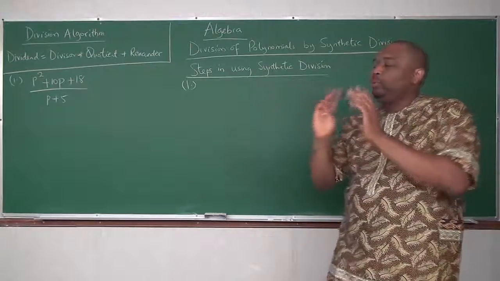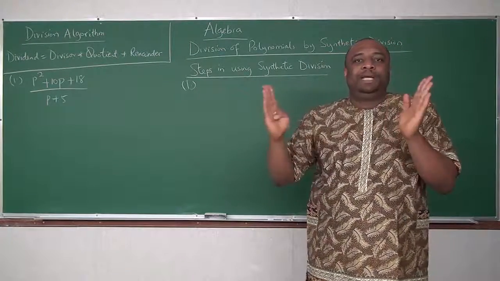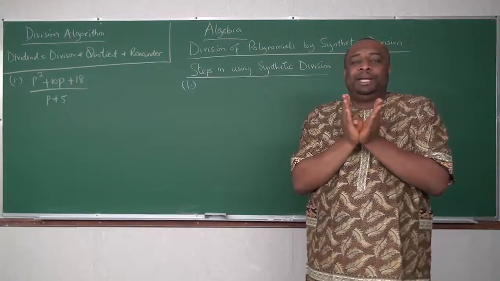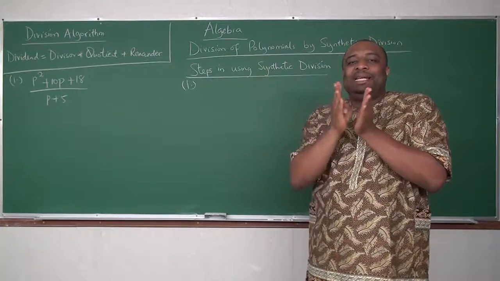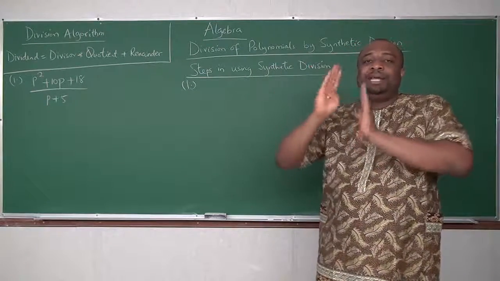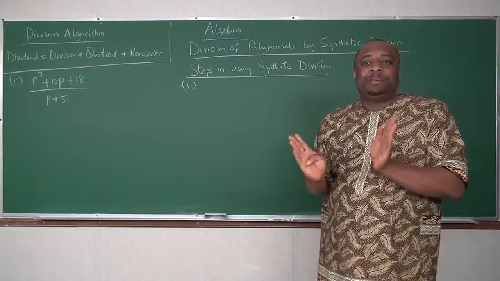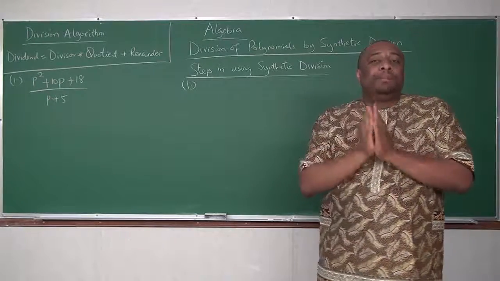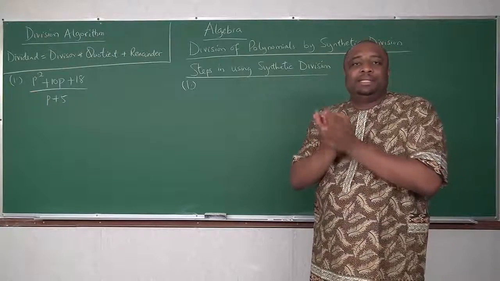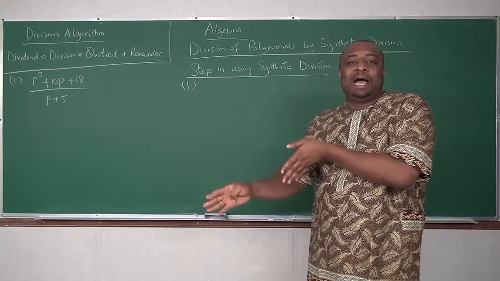So the first step, you want to make sure that the dividend is complete and in descending order of exponents. If it is not complete, complete it by adding zeros to the missing terms.